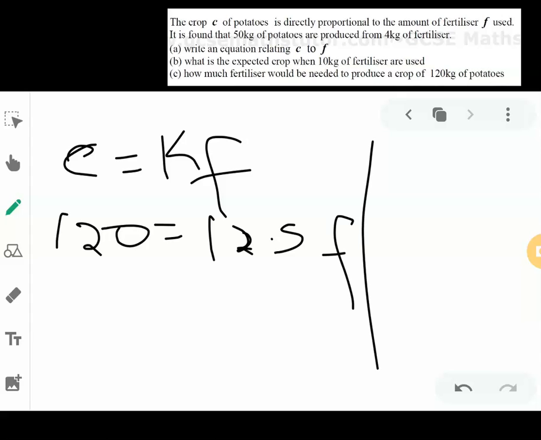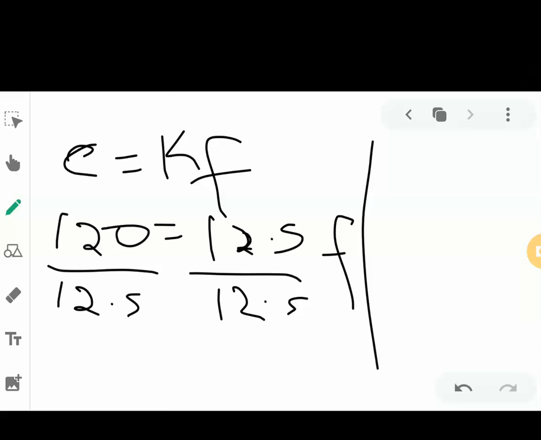So we divide both sides by 12.5. And that would give us 9.6. So 9.6 kilograms of fertilizer would be used to produce 120 kilograms.